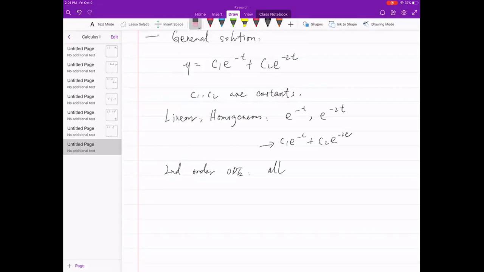You only need 2 linearly independent solutions. That's already completely it. You won't have 3 because you're second order. Sounds good?